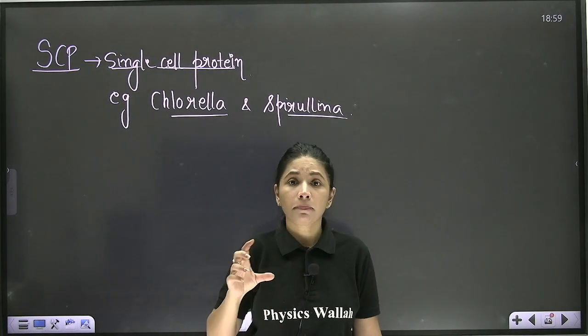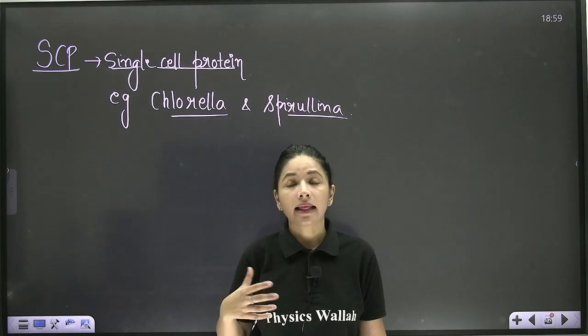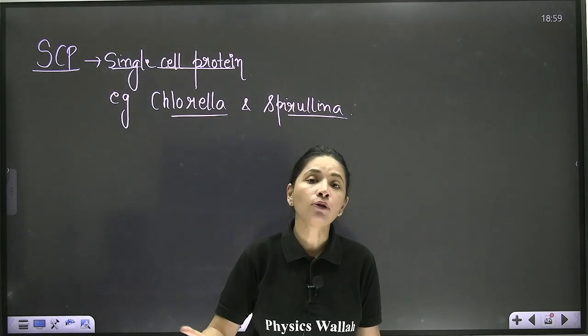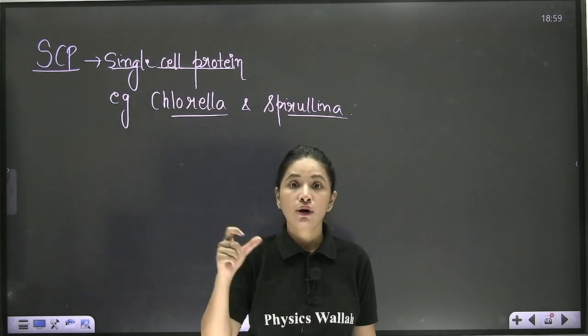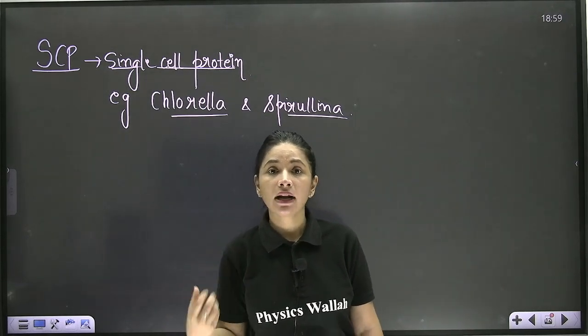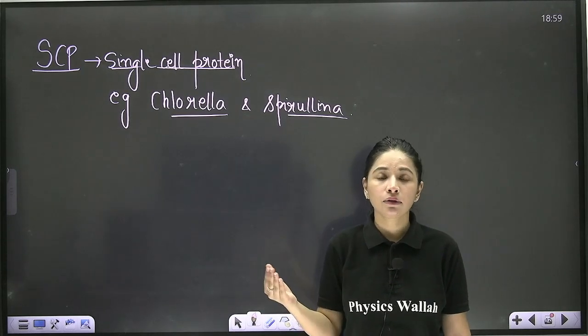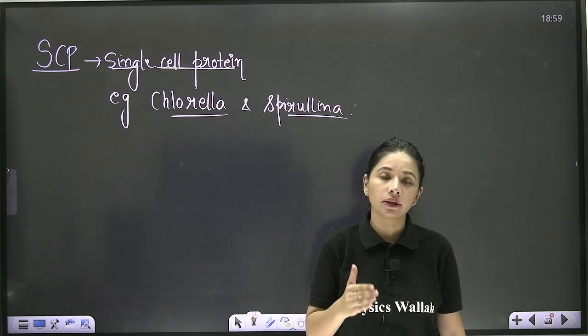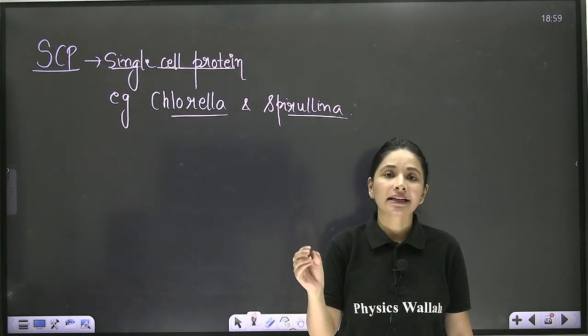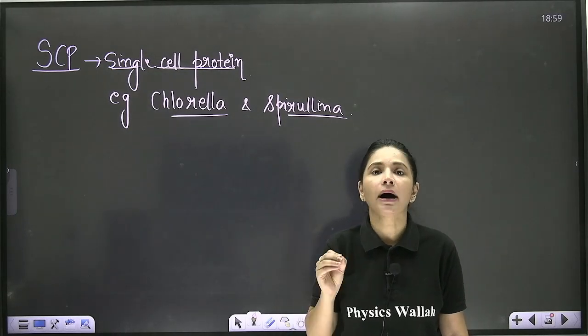But the plus point is that they yield a lot of protein. Therefore, from them we can develop protein tablets, and that can be supplemented to the people in the form of alternative food. At least they will not suffer from malnutrition.